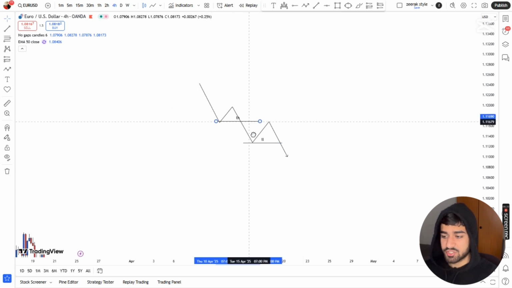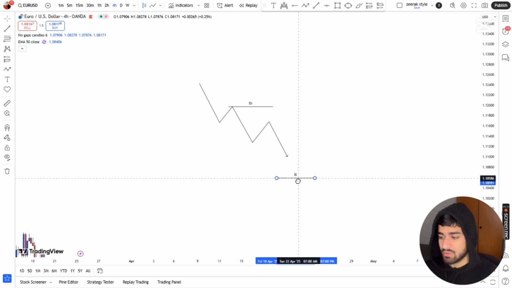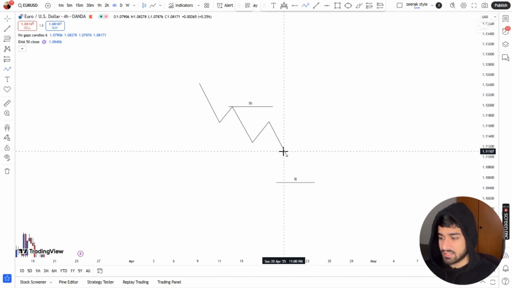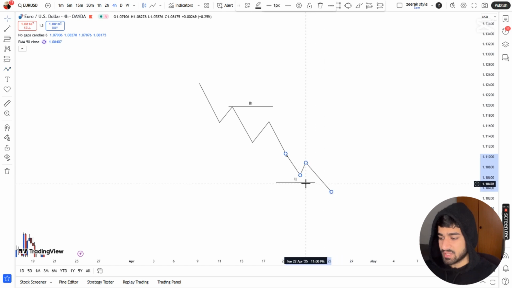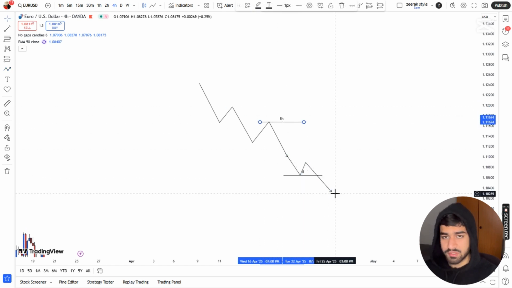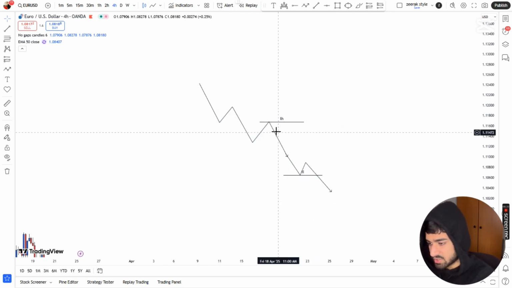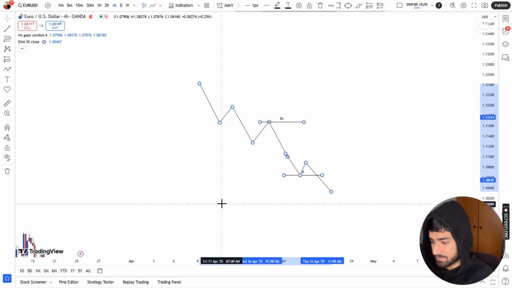In the last structure, which is this structure, this becomes the lower high. This will become the lower low. If you extend it like this, this becomes the lower low, this becomes the lower high. Whenever we broke to the downside, it's a bearish market. Whenever we broke to the upside, we are in a bullish market structure.